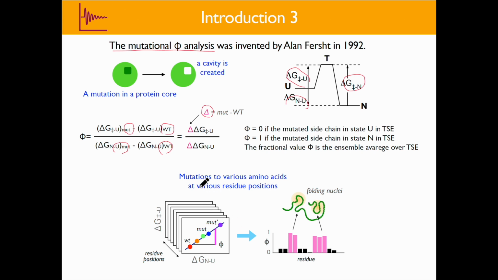If we make mutations to many amino acids, we can obtain this type of plot with many data points, and the slope represents the phi value. If we make mutations at various residue positions, we obtain many plots like this, and converting them to phi values as a function of residue number, we can identify folding nuclei in the transition state ensemble.